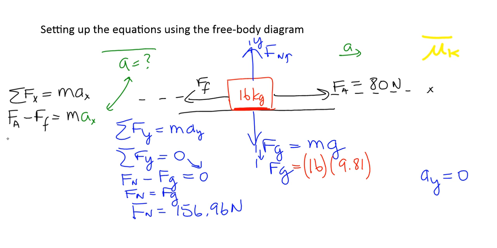We know that the applied force is 80 newtons. We don't know Ff just yet, but we can calculate that. We also know that the mass of the object being moved is 16 kilograms, and the a is what we're trying to find. So as it stands, we can't solve this because we have another unknown here in the force of friction. However, we know the normal force.